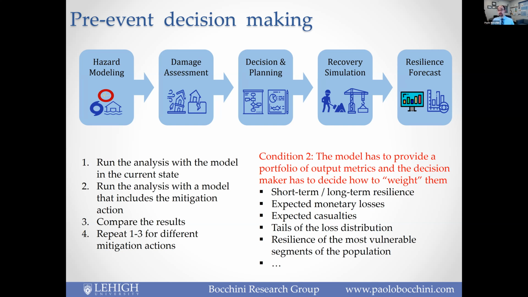Maybe what you want is to prevent a very unlikely but very large loss, and that's all you care about, not the mean. Or you may want to focus, for instance, on the most vulnerable segments of the population that otherwise would not be reflected in any one of the other metrics. So I think each one of these simulators has to provide a wealth of outputs, and this is, again, what we're trying to do here.